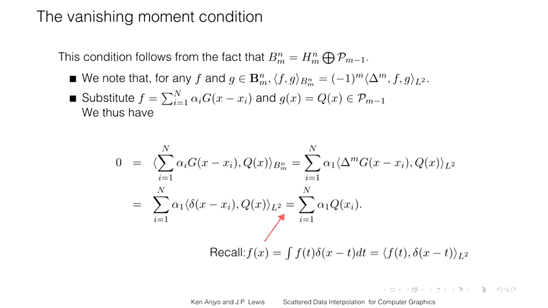So 0 equals the inner product here, and because of the linearity of the inner product, we have this equation. Then you will remember this is a Green's function, the solution for a given delta function. For a given delta function, the solution that satisfies this equation should be the delta function. So here we have the delta function.